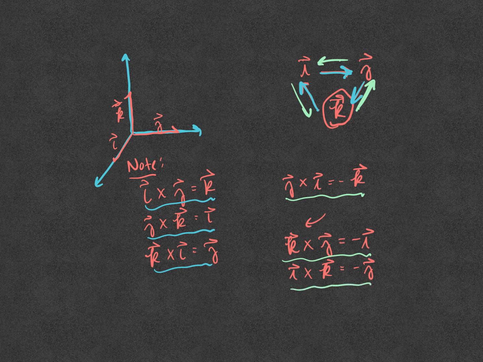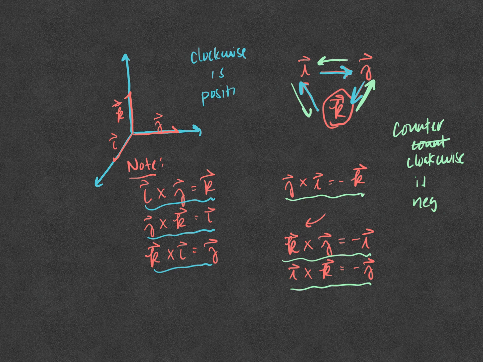For some reason, we use that enough that counterclockwise is the negative cross product, and clockwise is a positive cross product. So it was something I had to learn at some point. So if you run across it, it's something that makes sense. You don't have to memorize it.